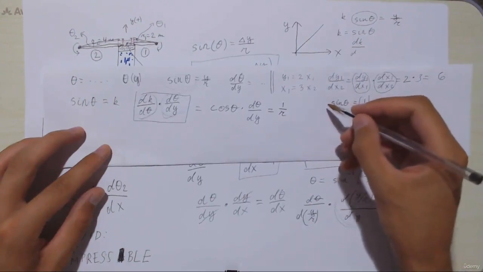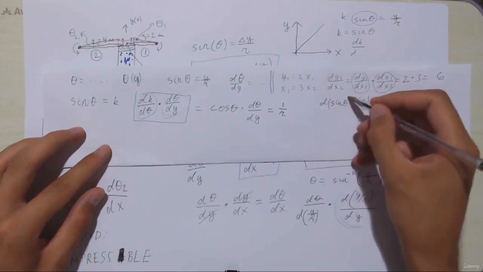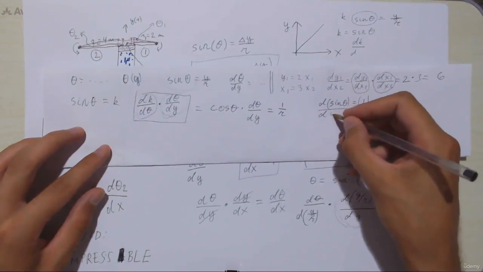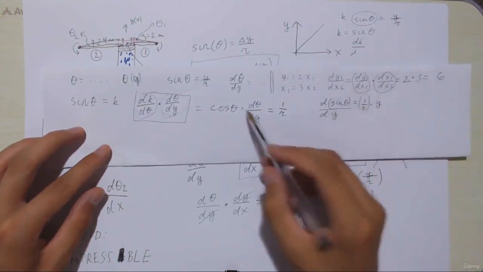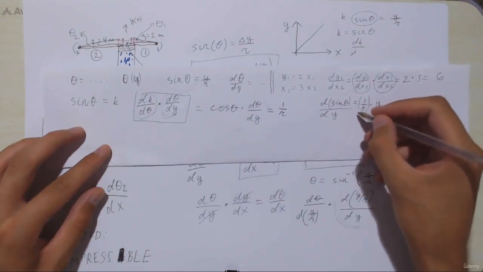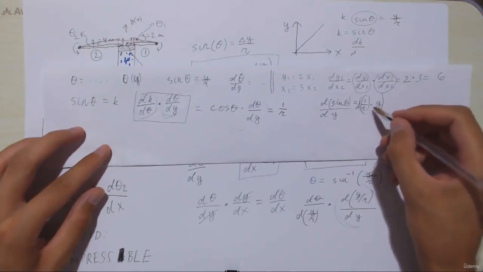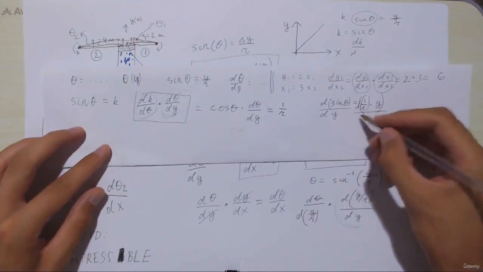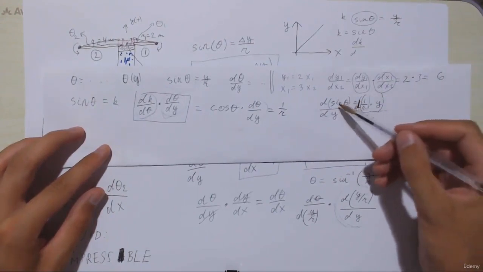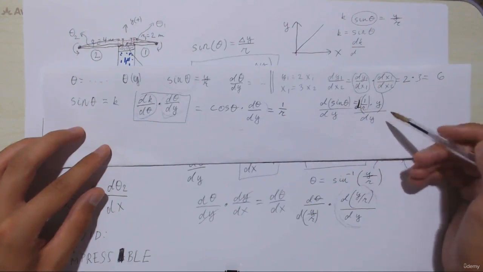And if we apply this derivative here, d sine theta over dy, which would be this, then we also have to apply it here, d 1 over r times y dy. So if I apply a derivative on one side of the equal sign, I have to apply it on the other side of the equal sign.